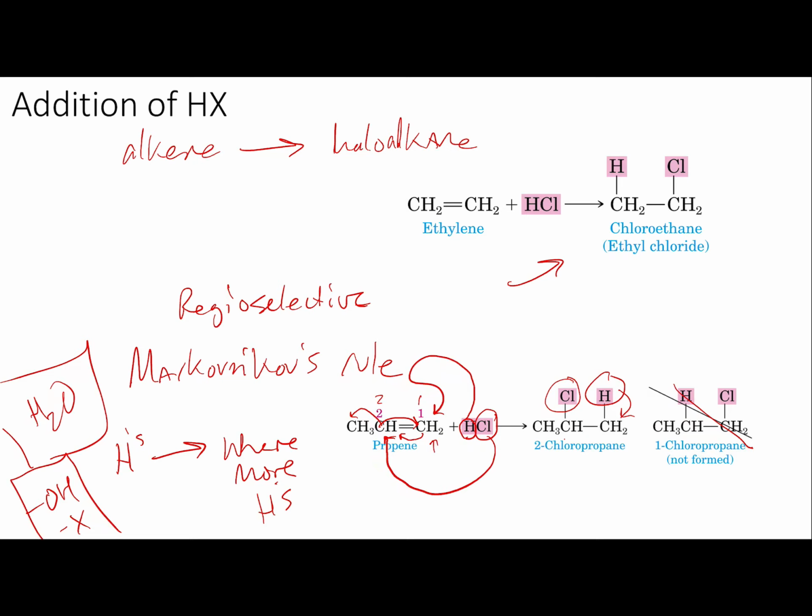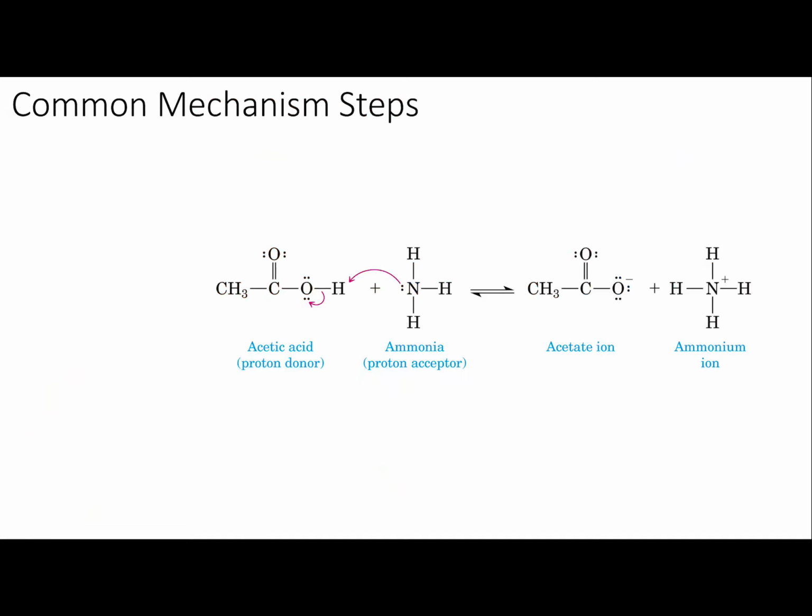And we like to show curved arrows to show the repositioning of electron pairs during the reaction. We like to show the tail of the arrow at the origin of the electrons and the arrowhead showing where it's going, the new position. Curved arrows show us which bonds break and which ones form new bonds. And so I want to talk about the common mechanism step for addition of an HX, or hydrohalogenation.